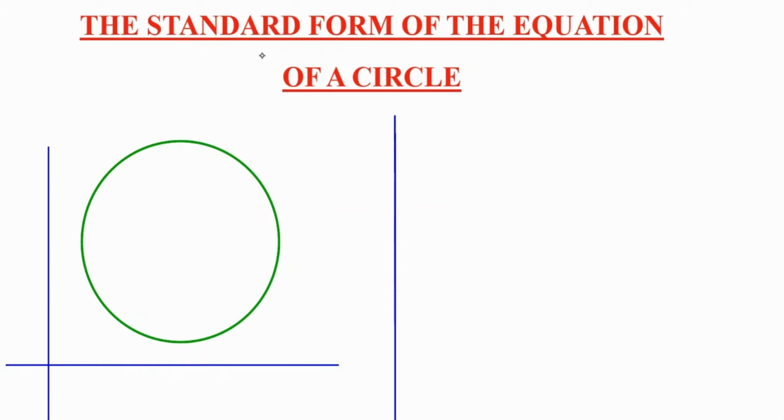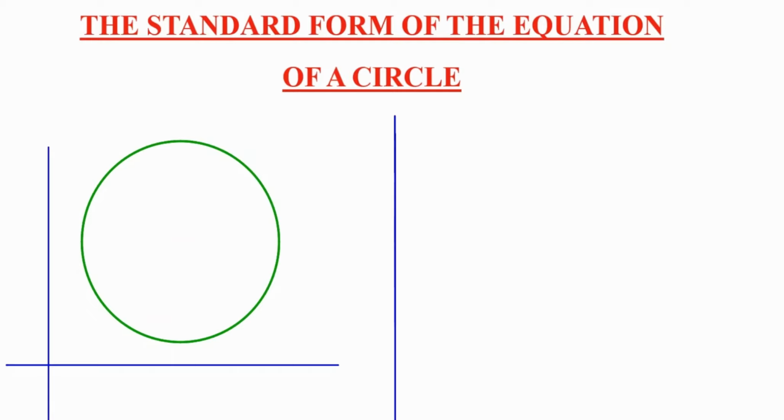Now we are on the standard form of the equation of a circle. This is our Cartesian plane, and we can see that there is a circle drawn in it. These are the practical steps we are going to follow in order to get the proof of the standard form of the equation of a circle. Now let's be attentive here. Like we defined a circle, we said it is a set of points in a plane equidistant from a fixed point.